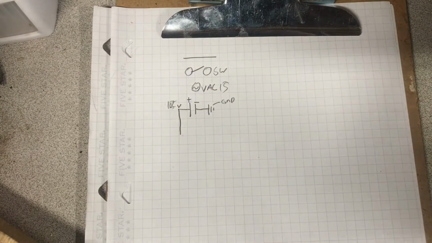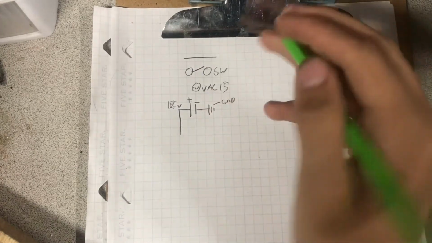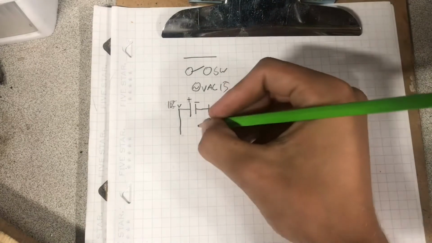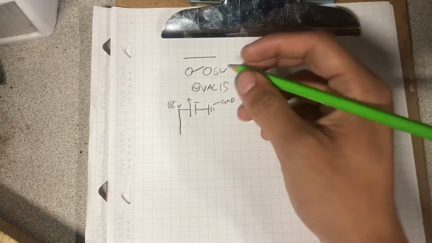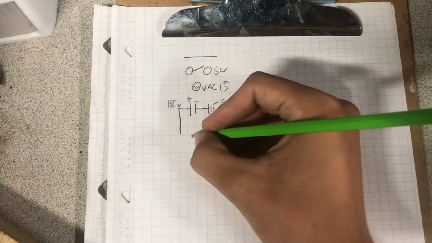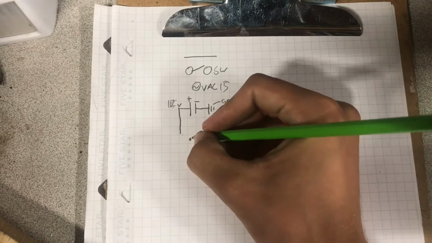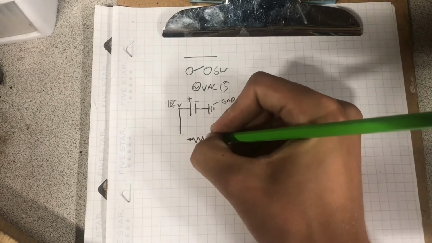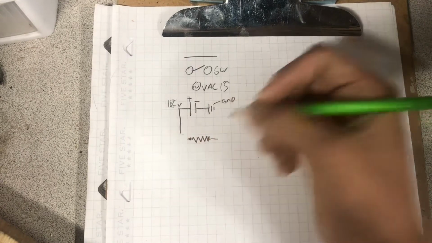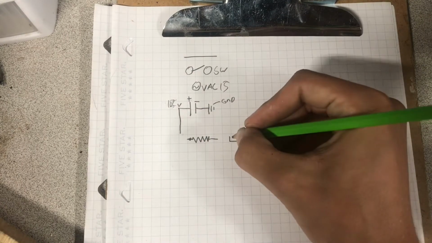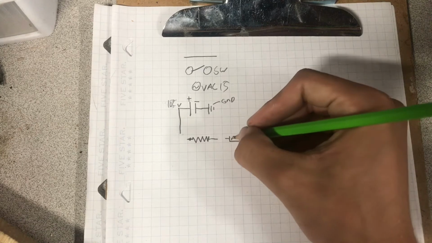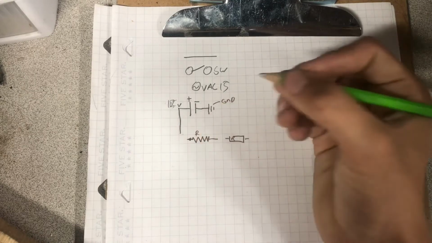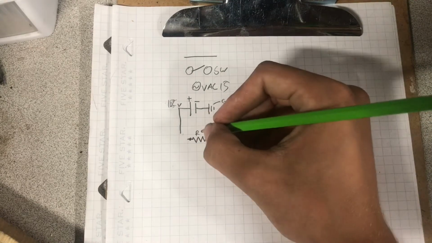And then there are other super basic components, like a resistor. A resistor resists current. We can talk about that when I get into math later. A resistor can be represented like this, or sometimes just like that, and then it'll have R, whatever. A resistor is always represented as R on a PCB.